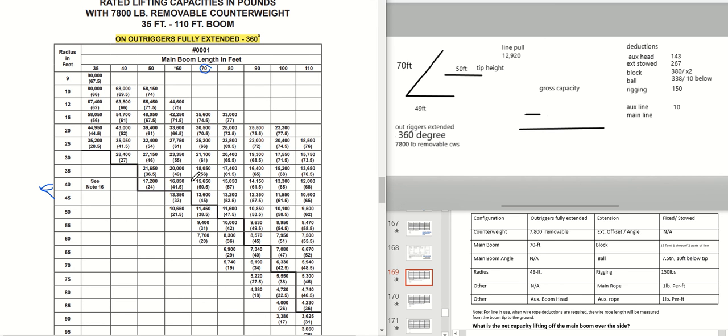So we're going to go over here to the 70-foot column, right? We're going to come down here just like this to the 70-foot column, and we're going to decide between these 2 charts. So we're at 40 and 45. So we're going to find the lowest capacity chart at that radius or with that boom length.